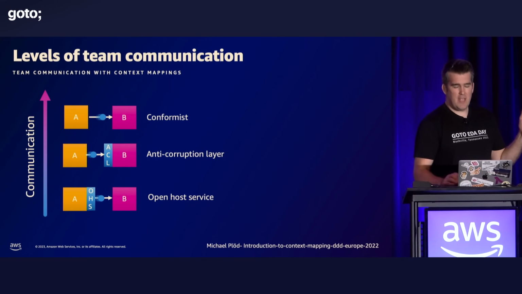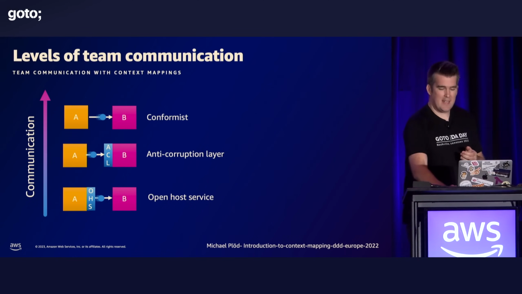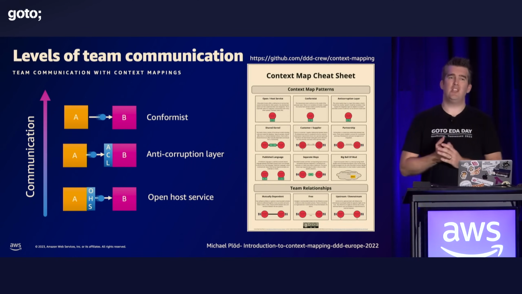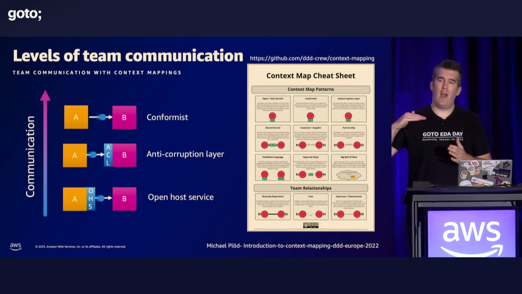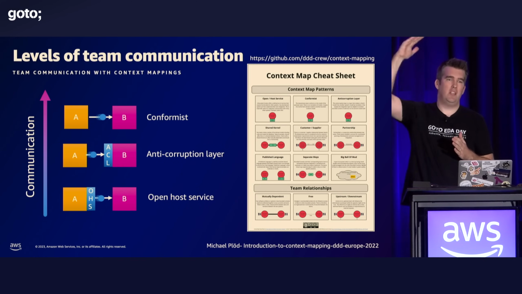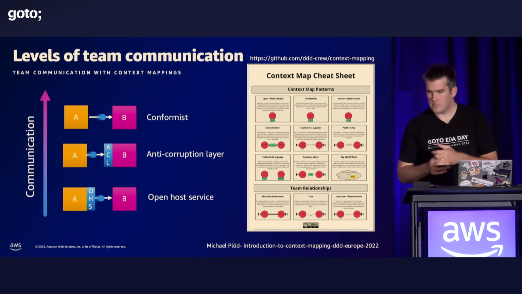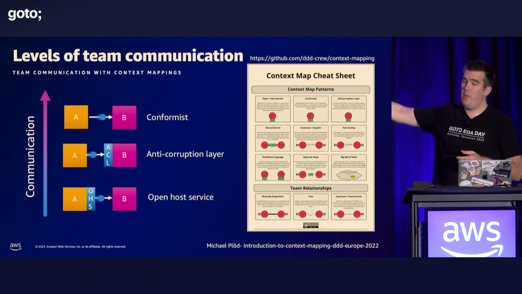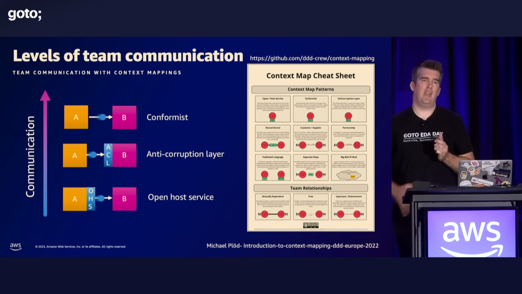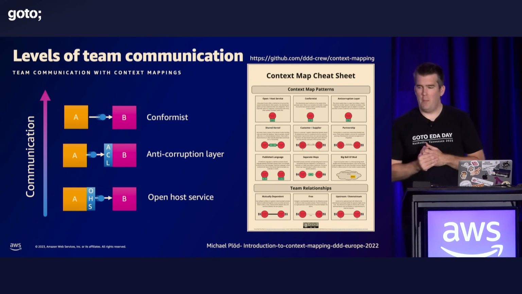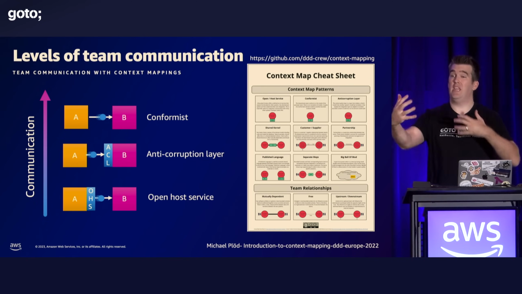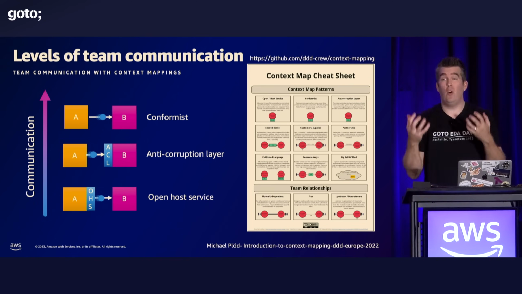There's an interesting thing here, which is that the required communication level increases depending on which pattern we use. An example is that the open host service requires less communication. We have this upfront communication, this agreement of what should be in the event.